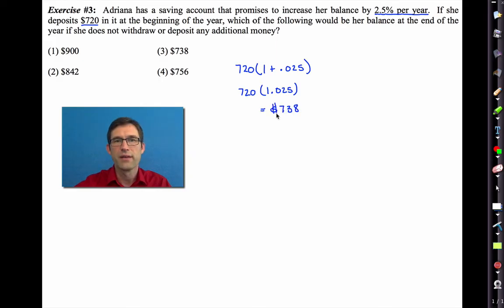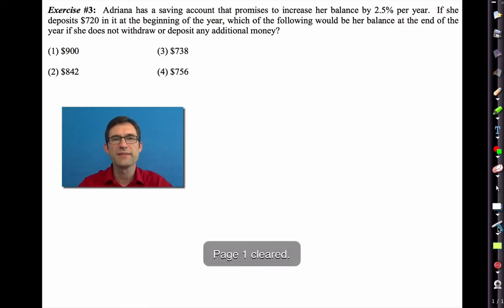And we'll find that she has $738. The great thing is if I needed to know how much she had the following year, I could just take the 738 and multiply it by 1.025. Do that again and again and again. All right, quite simple. I'm going to clear this out, so write down what you need to. All right, it's gone. Let's keep moving on.